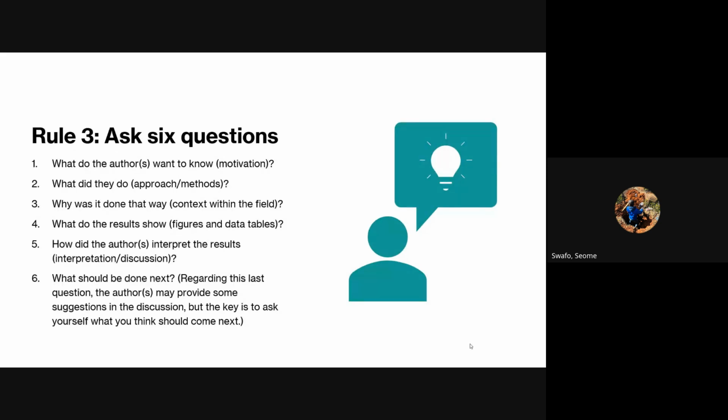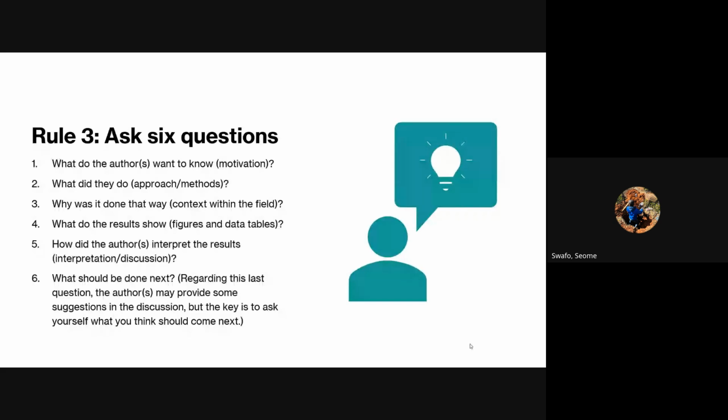There's a huge difference between a research paper and a novel, and even some other books, maybe motivational books that people read. But when you come to read research articles, you need to ask yourself these critical questions.